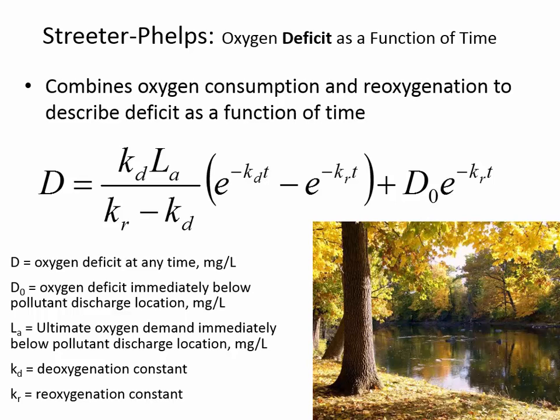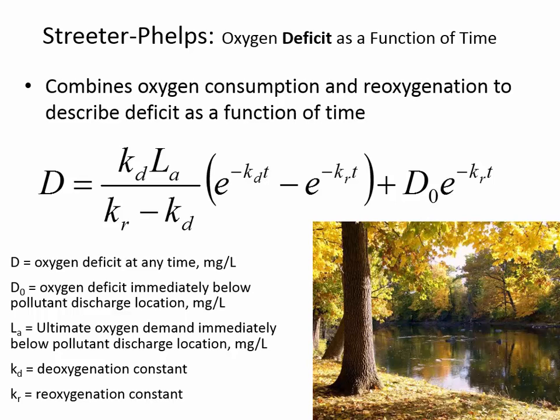So here it is, kind of a complicated equation. What it's saying is that the deficit at a particular time, T, is the main variable that we're looking at, at some time after we mixed the bacteria together with the oxygen and the food. Those are the three main ingredients to get a reaction: the bacteria, the oxygen, and the food.